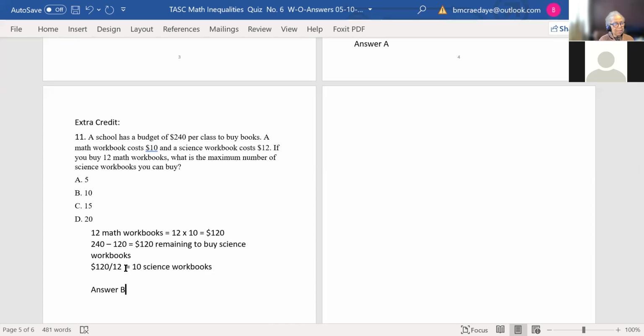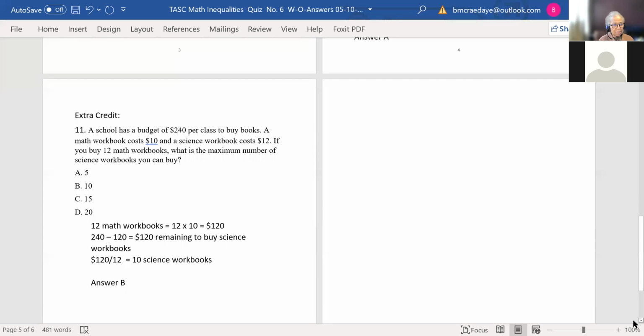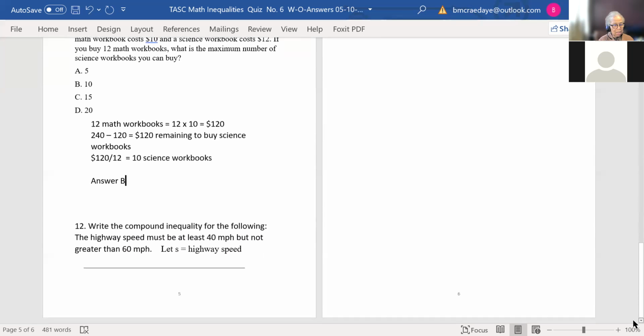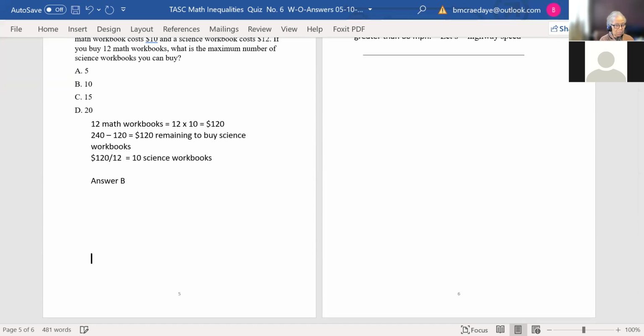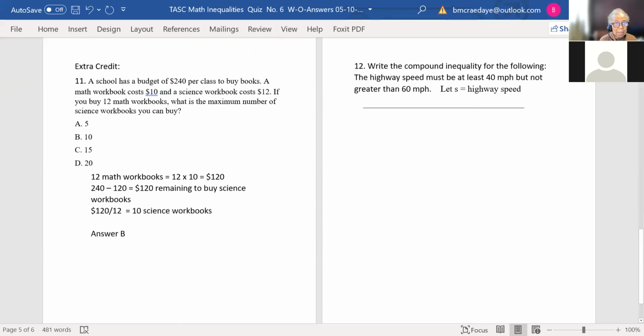Now the next one was a compound inequality. I just wanted to check to see how you did on compound. This one we didn't spend a lot of time on because we're not really going to do too many compound.